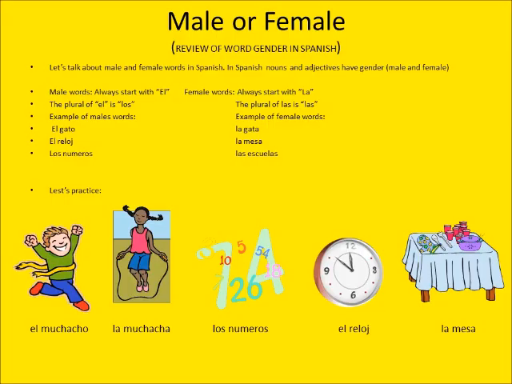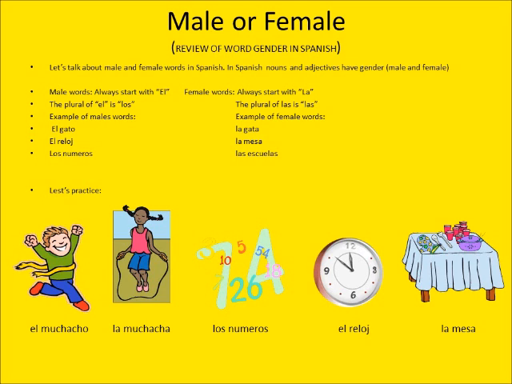You know it is male because it starts with los, which is the plural of el. To make plural in Spanish, it's very simple. You just add the letter s at the end. Sometimes you add the letters es also.